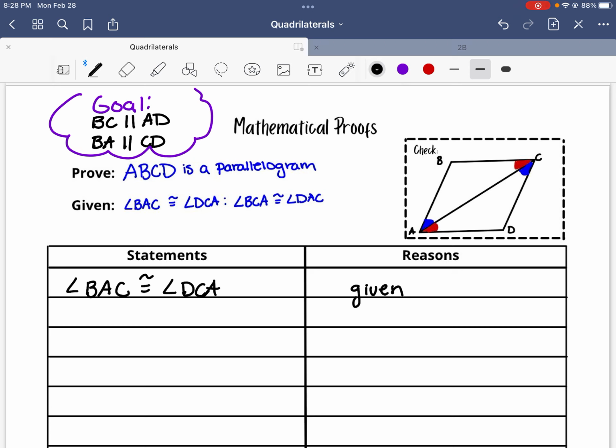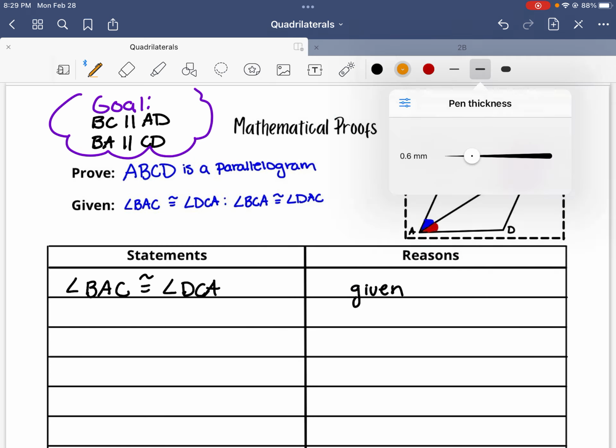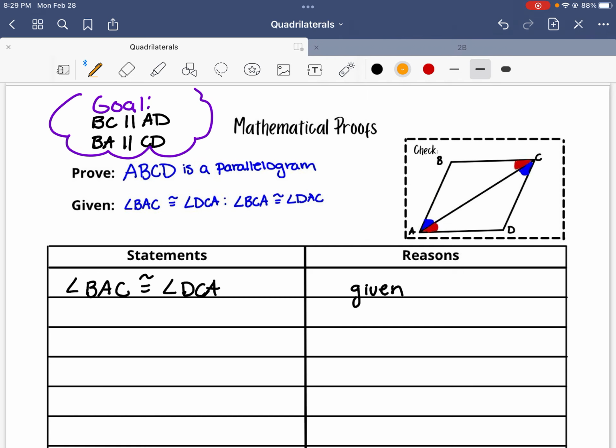I talked about this at the very beginning of the quadrilaterals unit. And it's also made up of lines, most specifically the transversal line. So I'm going to highlight a few lines on this parallelogram, and hopefully you will be able to see what I see. If I highlight this line specifically and this line, I see that I have a transversal this way.